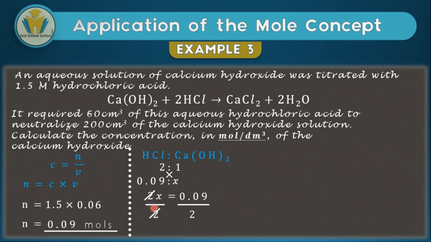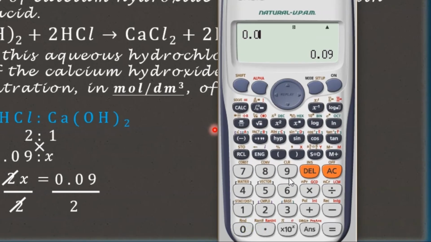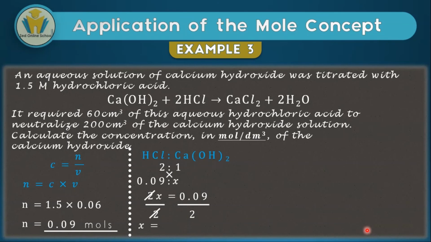It cancels, and X is equal to 0.09 divided by 2. 0.045 is our number of moles of calcium hydroxide. So X will be equal to 0.045 moles of calcium hydroxide. Now we have the number of moles. We shouldn't get comfortable. As you can see, still I haven't underlined this answer with 2 lines.